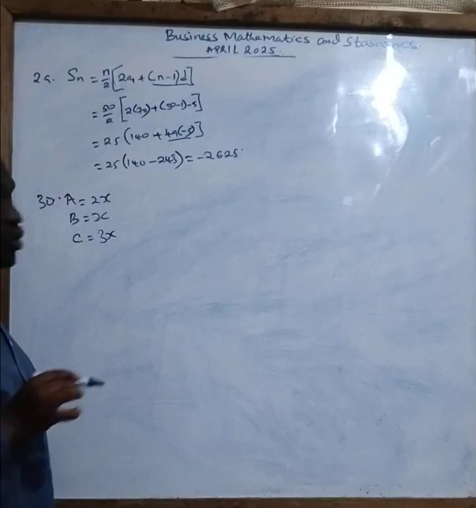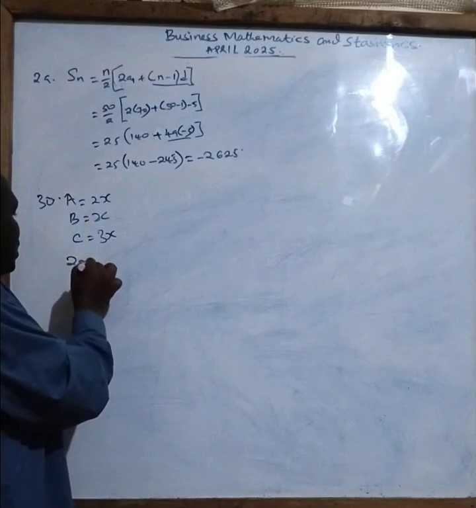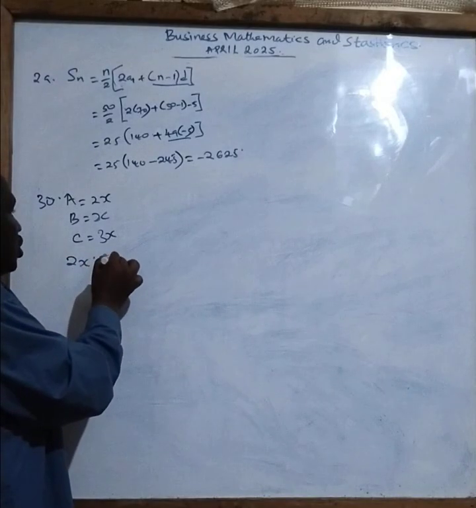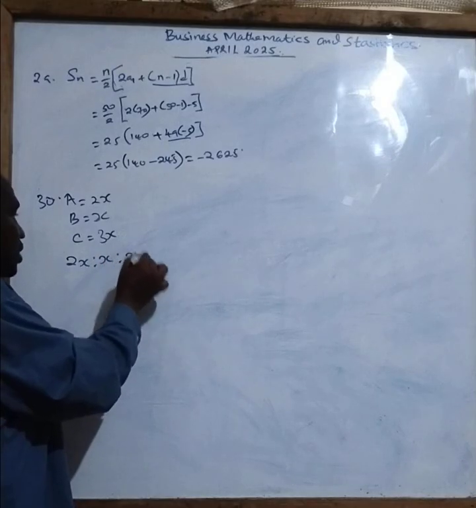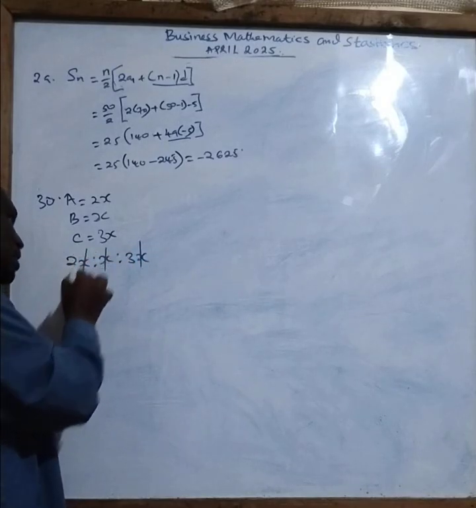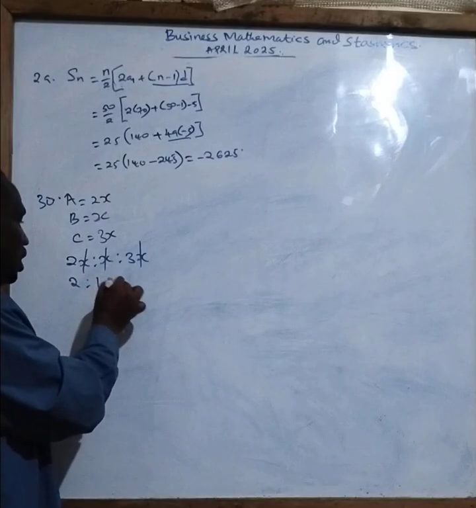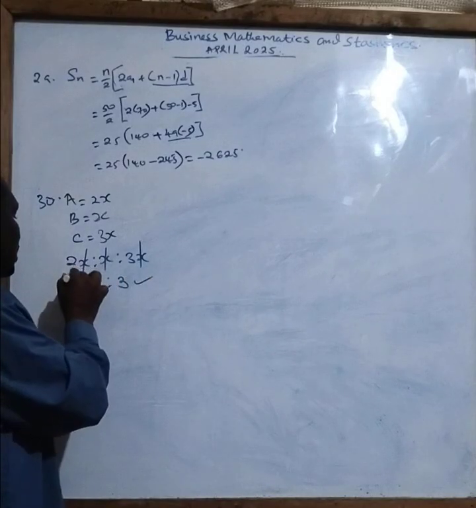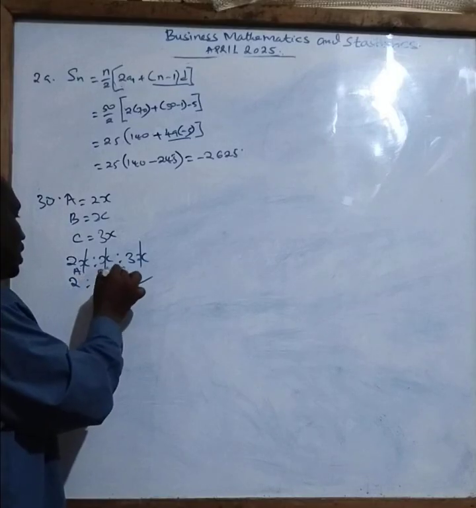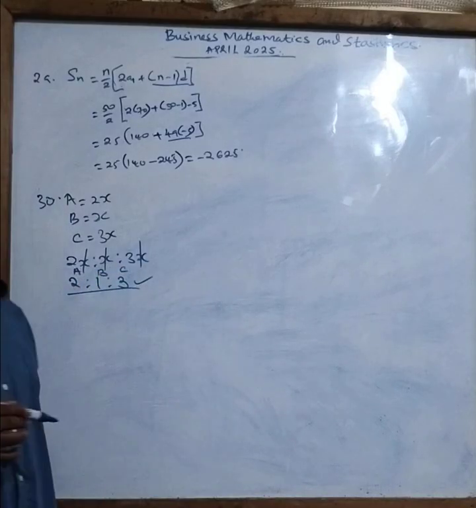Therefore our ratio will be 2X to X to 3X. So X, X, and X cancel, and we have 2 to 1 to 3. This is for partner A, partner B, and partner C. That is what you have been asked to calculate.